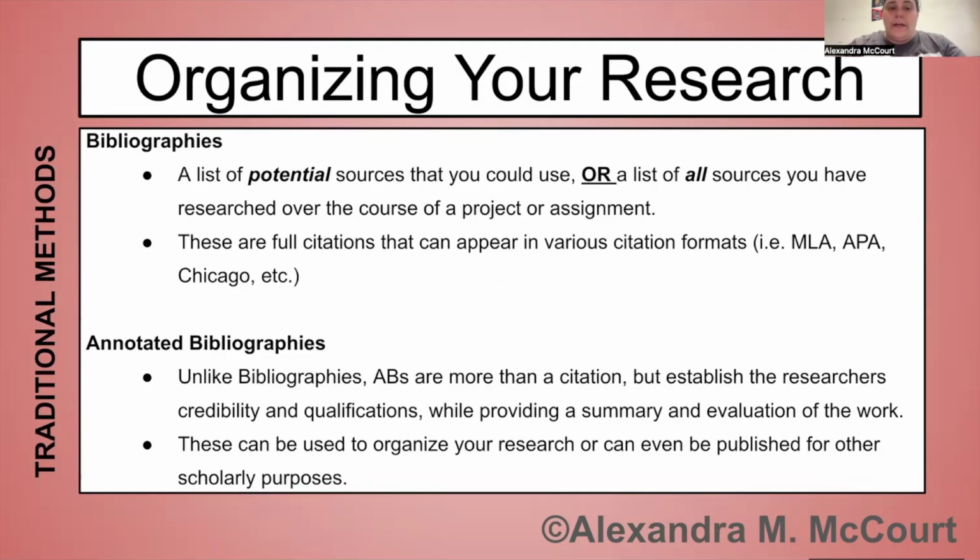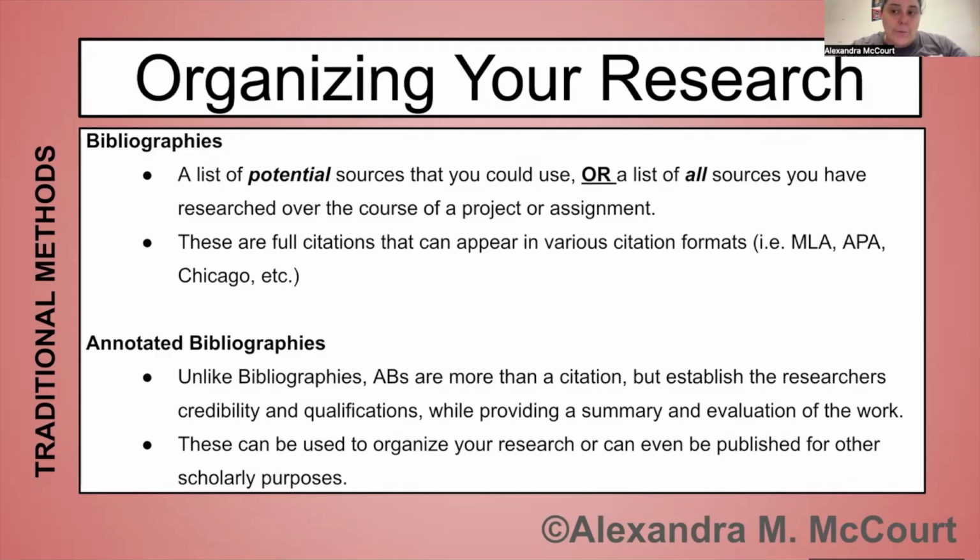A bibliography is a list of potential sources that you could use, or it is a list of all the sources you have researched over the course of a project or assignment. A works cited page is exactly like it sounds. It is the works you have cited within your paper. So your works cited may only have 10 sources, but in order to get those 10 sources, you may have looked at 30.